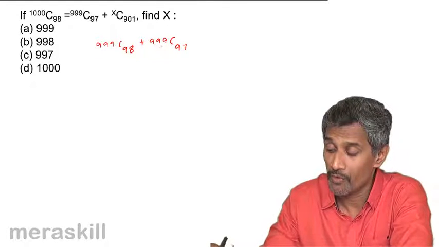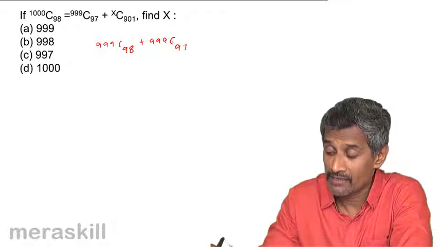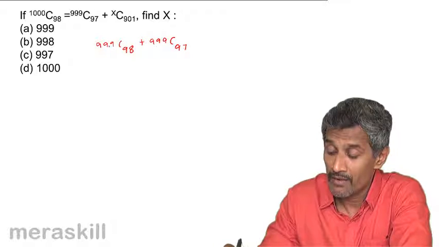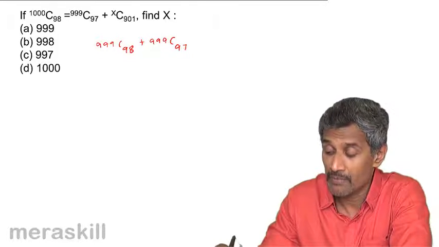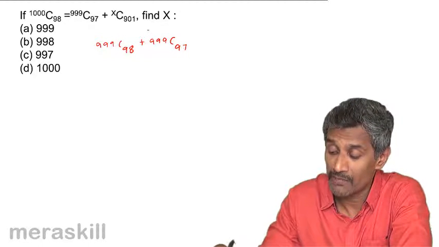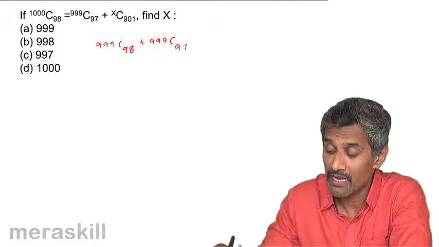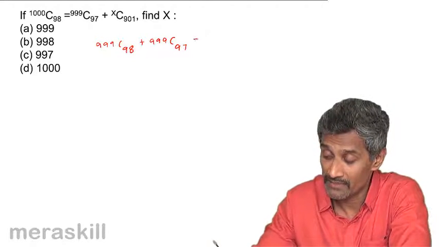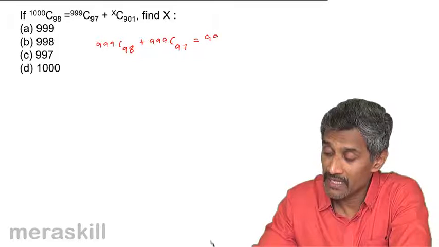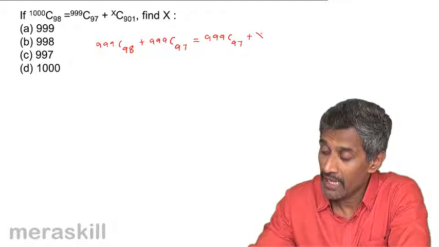So it's of the form NCR plus NCR plus 1, which will turn out to be N plus 1, that is 1000 CR, that is 98, left hand side. Right hand side is 999C97 and XC901.